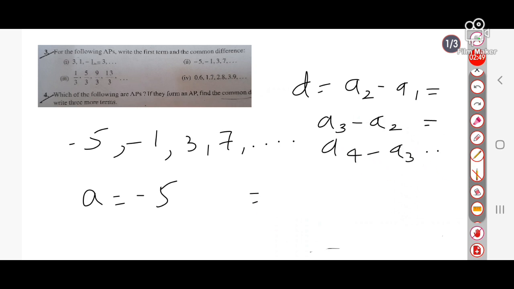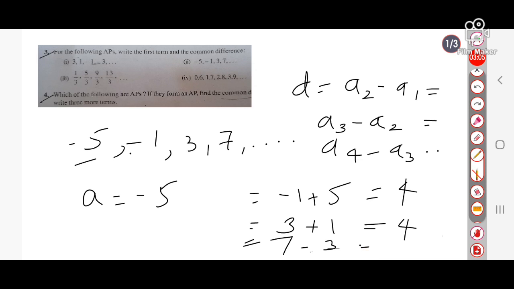So we get -1 plus 5. Why? Because -1 minus -5 will be plus 5, so that will be 4. Similarly 3 plus 1, again 4, because 3 minus -1 is 3 plus 1, that is 4. Similarly 7 minus 3 will be again 4. So the common difference D which we found is 4. This is the second subdivision.